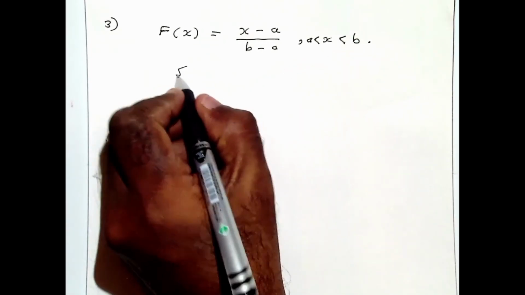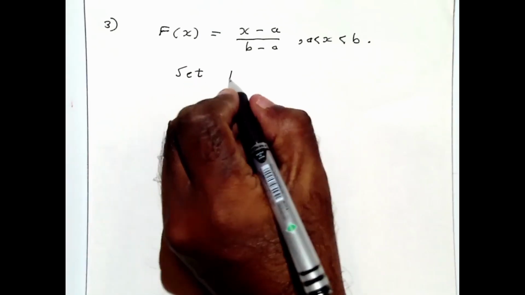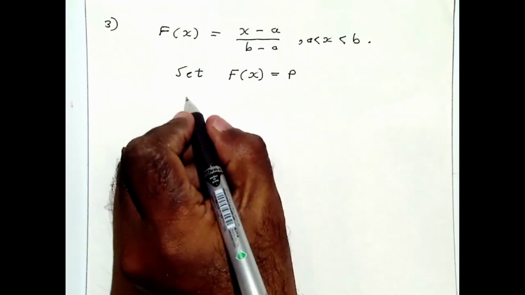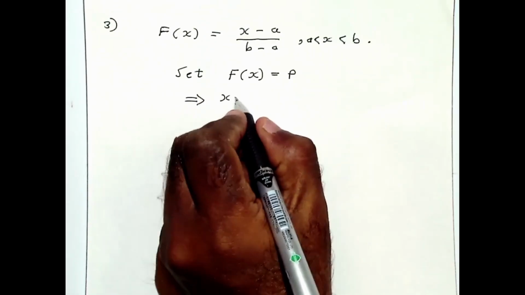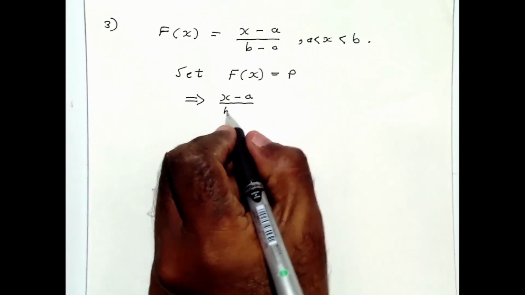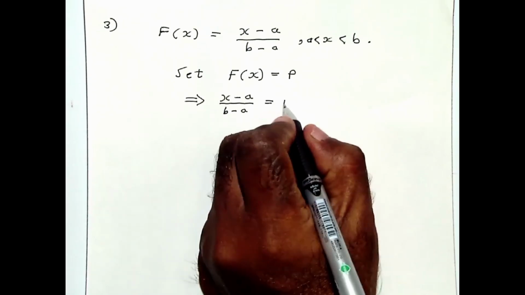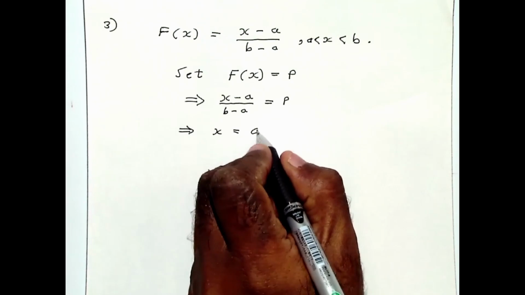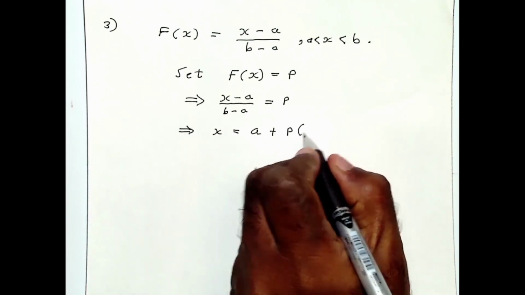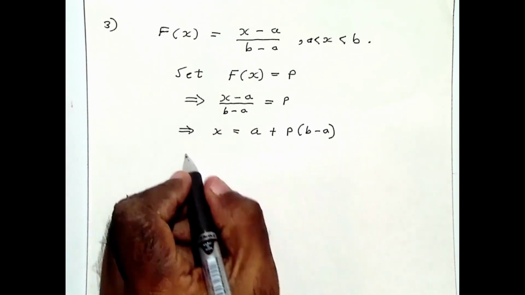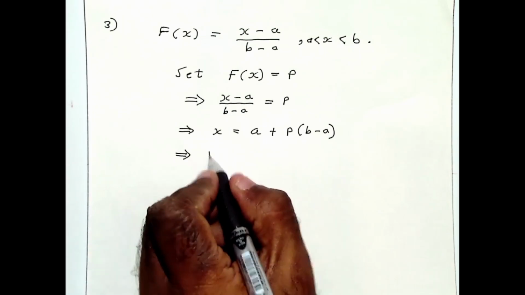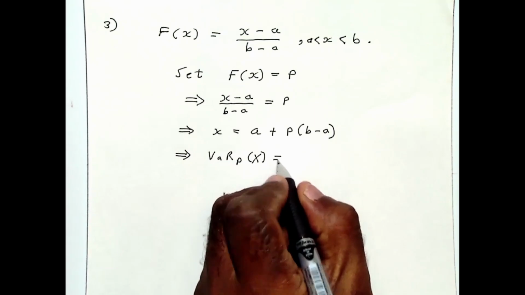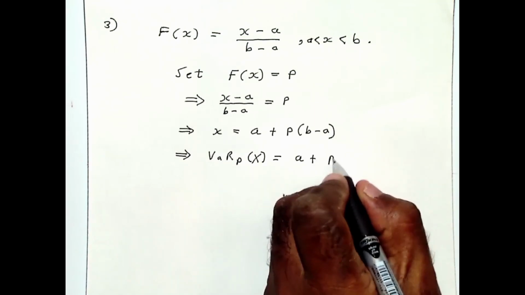So in order to find the VaR, you set this. So you get x minus A divided by B minus A equals p. So x is equal to, so this implies that VaR is equal to this.